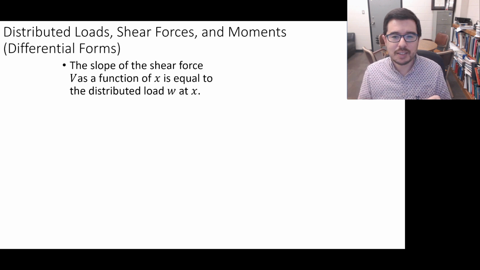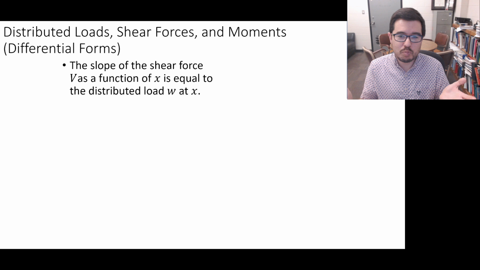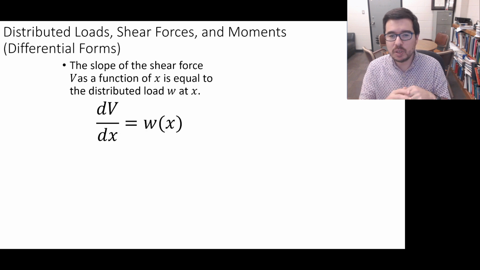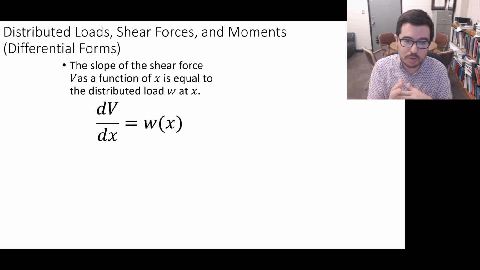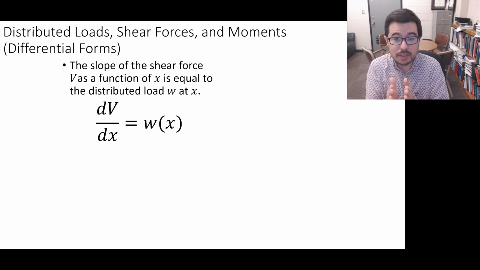So let's take a look and say we have some relationship between the slope of the shear force, V, as a function of x in terms of the distributed load, right? That's just putting into words what this equation is. So dV/dx is equal to w(x).